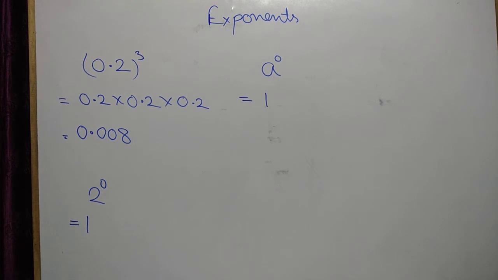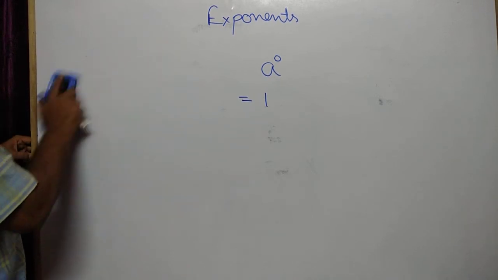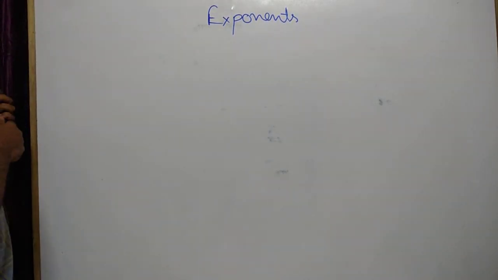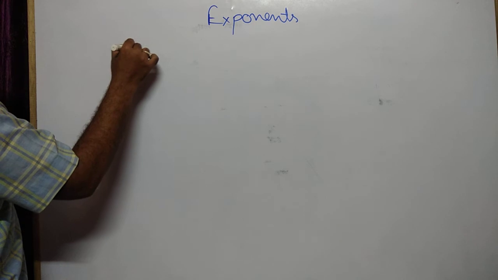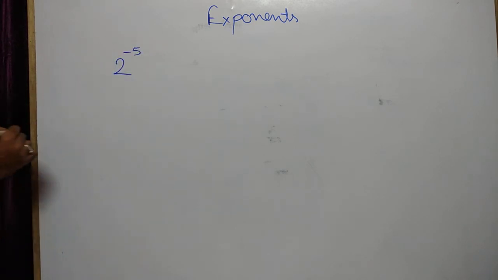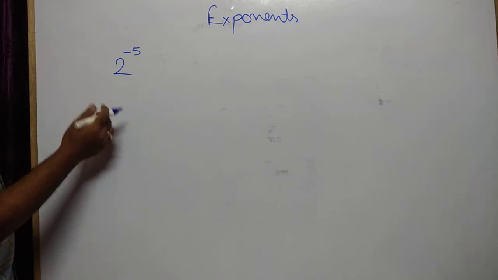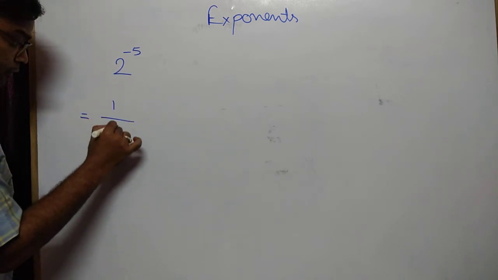Now the next one is the negative exponent. Negative exponent means, suppose 2 to the power minus 5 is given. Clear? So we can express this in reciprocal form, 1 upon 2 to the power 5.